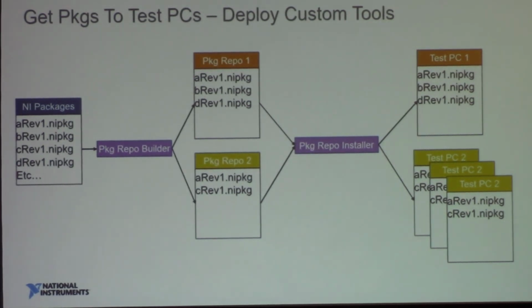So what we did is we created what we call a package repo builder, where we store all of our packages, and then we distribute all of the packages into a zipped up file, and then we have an installer that takes that and just runs through the command line interface and installs them all on the machine. It runs super fast, like 100 times faster than feeds for us. And I can see Alan back there smiling. We can set up probably 150 packages in less than a minute.